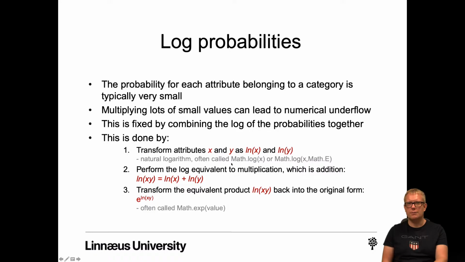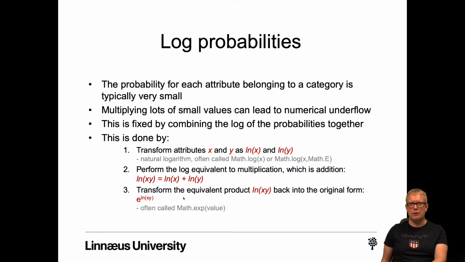The next step is to perform the log equivalent of multiplication, which is addition. So instead of multiplying x and y together, we simply add them together. Here we avoid the problem of underflow, since we use addition instead of multiplication.